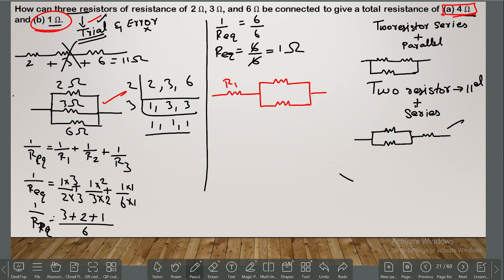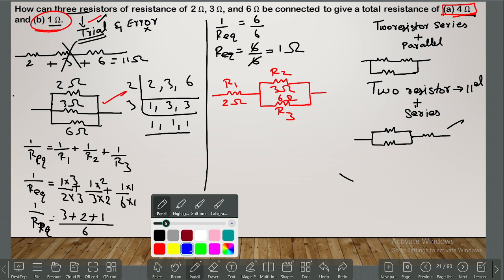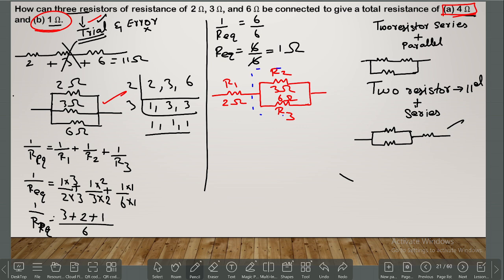Let's take R1, R2, R3. R1 is 2 ohm, R2 is 3 ohm, and R3 is 6 ohm. Now these two resistors alone are in parallel. First simplify the two alone. What is the formula? 1 by Rp is equal to 1 by R2 plus 1 by R3.